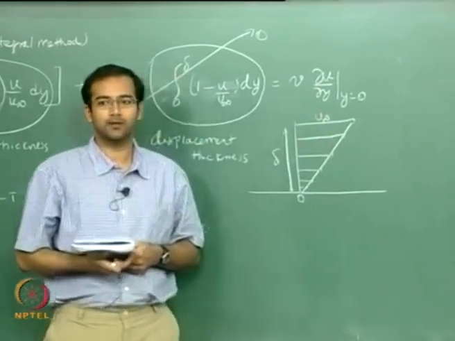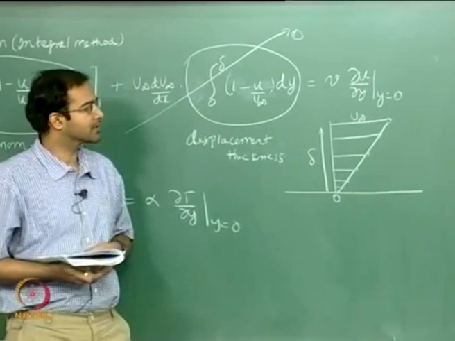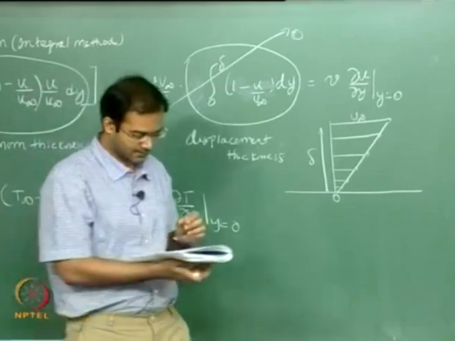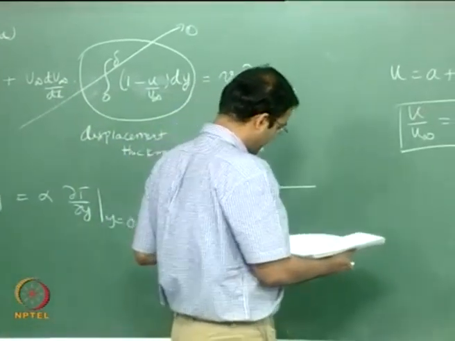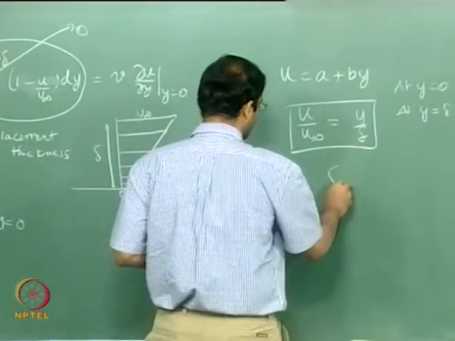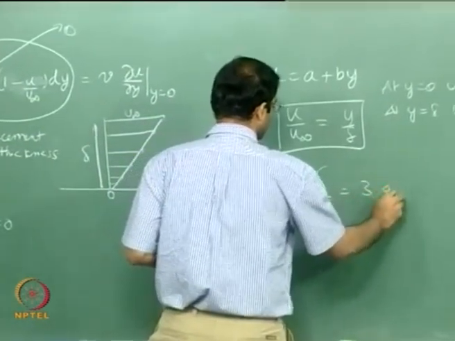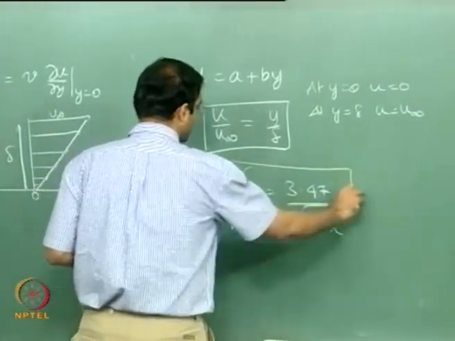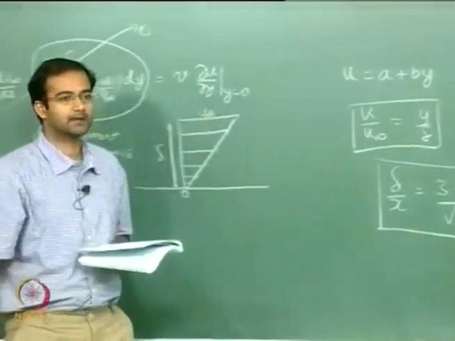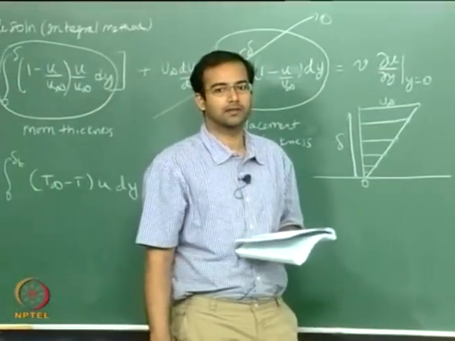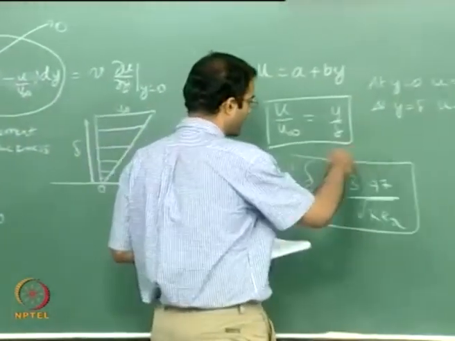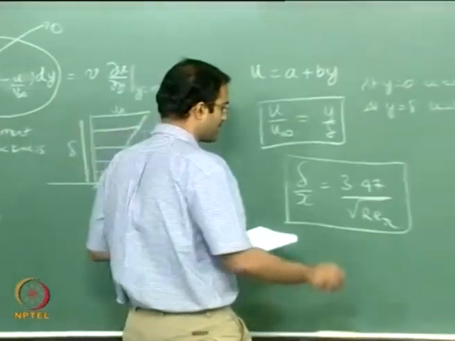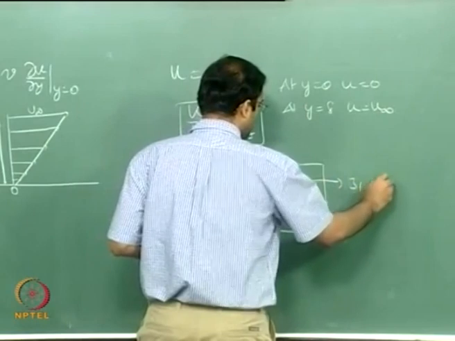But even in spite of this big assumption, when you substitute this into the momentum integral and determine an expression for delta, we got delta by x is 3.47 by square root of Rex. Compare this to the Blasius solution, where delta by x is 5 by square root of Rex. So still this is a reasonable way to get started, to get an order of magnitude of the boundary layer thickness. This is about 31% less than the exact solution.